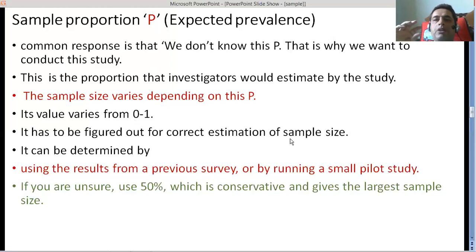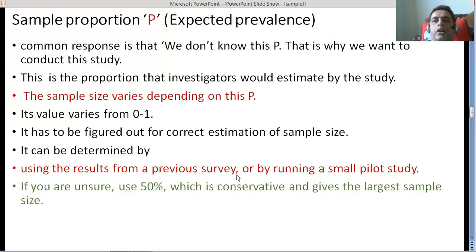If you want your sample size to be correct and representative of the population, then you have to figure out this particular P first, and then put that value in the formula. It can be determined in two different ways. Using the results from a previous survey, or previous studies that were published with respect to the disease that you are studying.